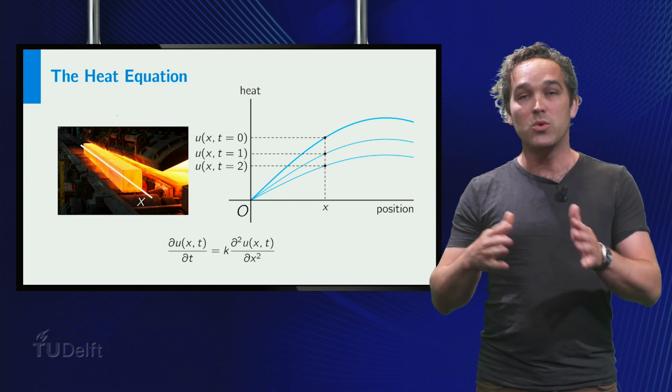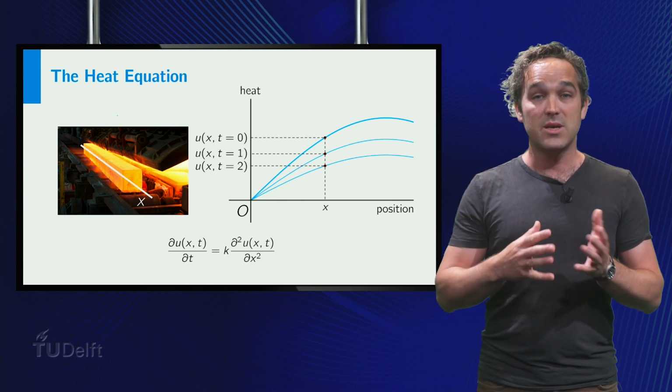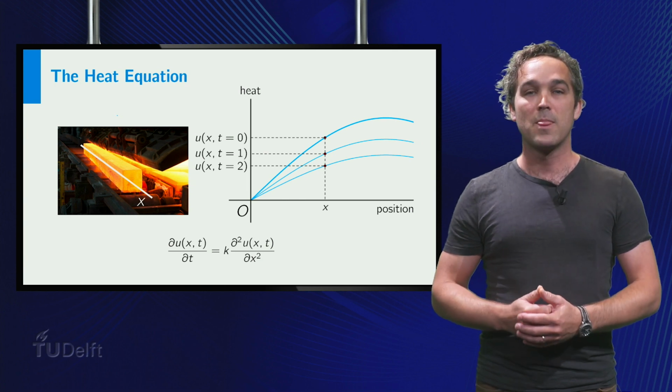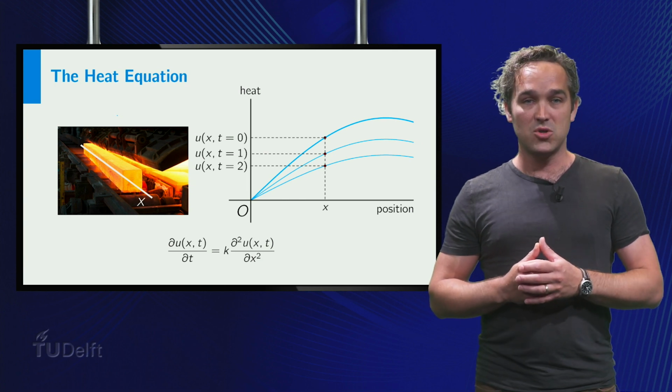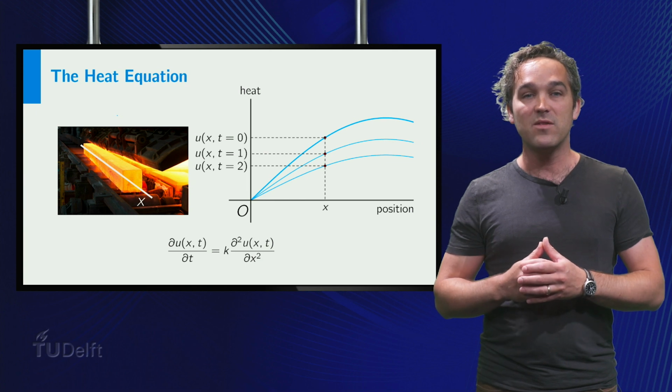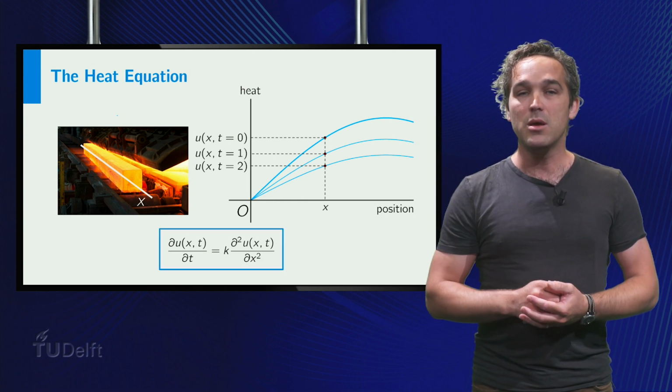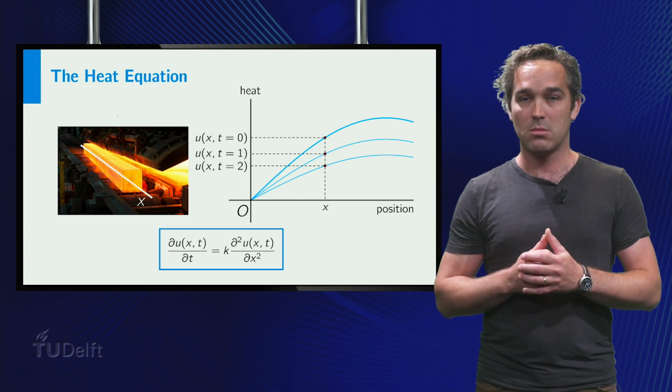That is, du/dt is equal to a constant k times the second derivative of u with respect to x. Note that because u is a function of both x and t, the derivatives in the equation are partial derivatives. The resulting PDE is known as the heat equation.